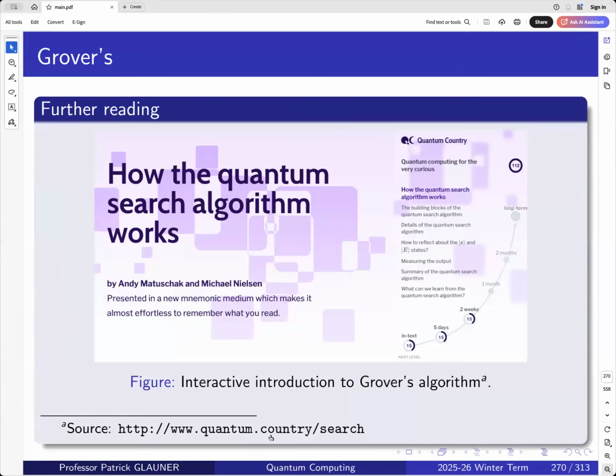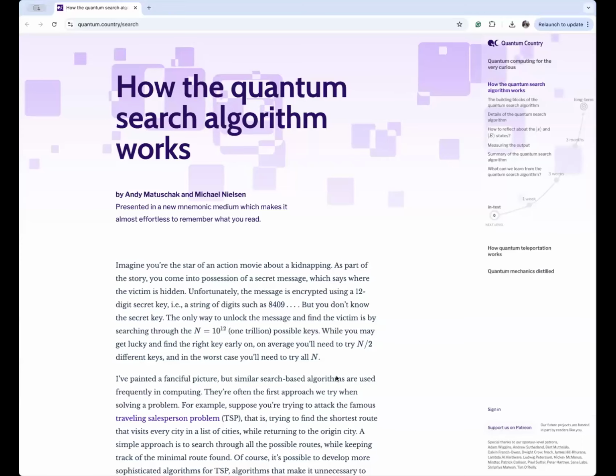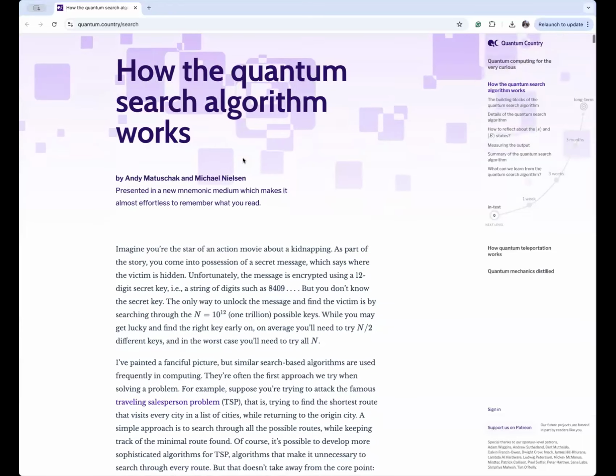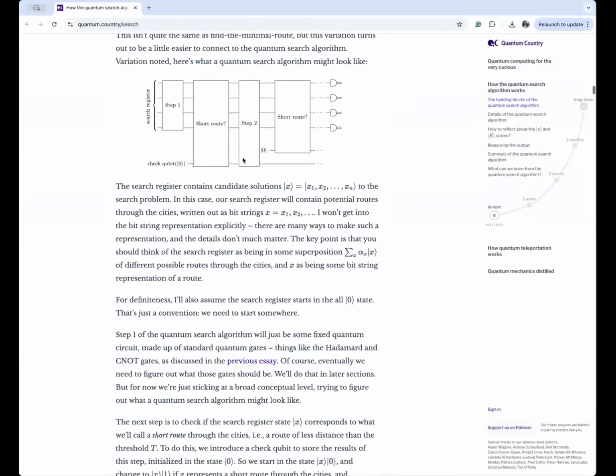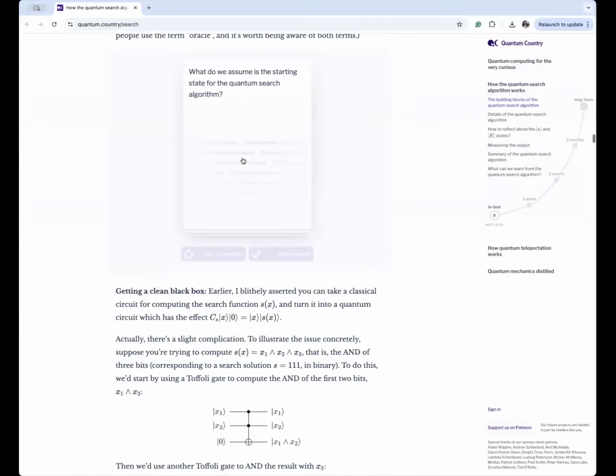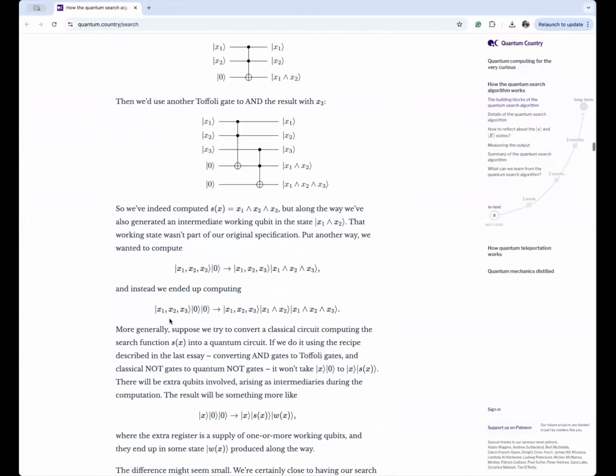Now, if you want to learn more about the Grover algorithm, I mentioned it last week already. We will quickly open again quantum.country, and there is a very long essay on the quantum search algorithm, the Grover algorithm, and you can study in detail how it works. Every year, one or two groups also pick this topic as a seminar presentation, and we want to leave you some opportunities for seminar presentations or in the lecture part.